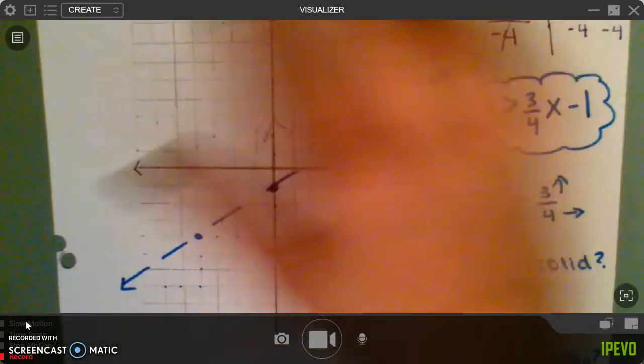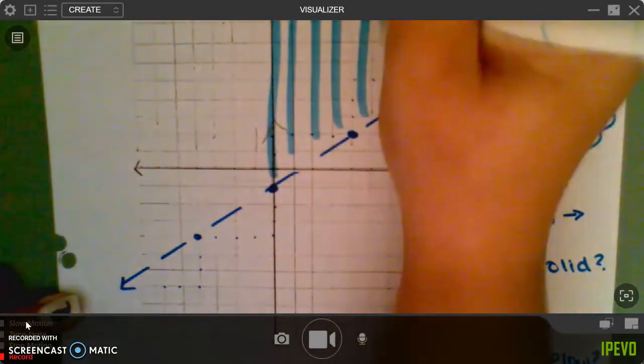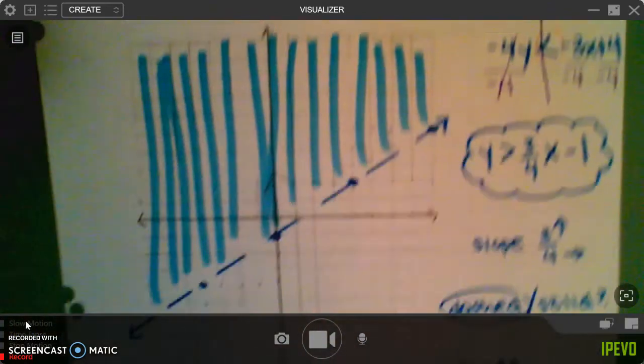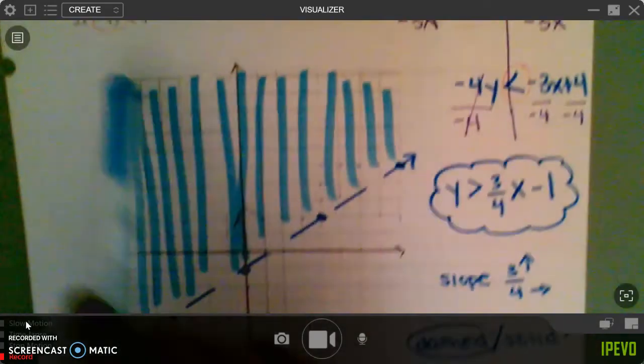So I'm shading all up here. So you're shading all the way above. And that is the graph of this original equation.